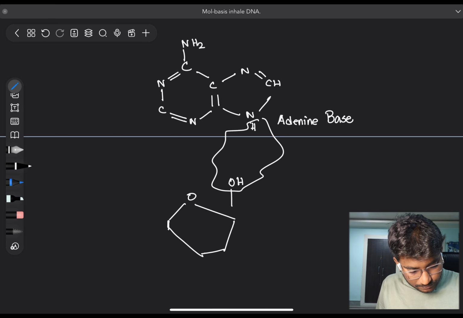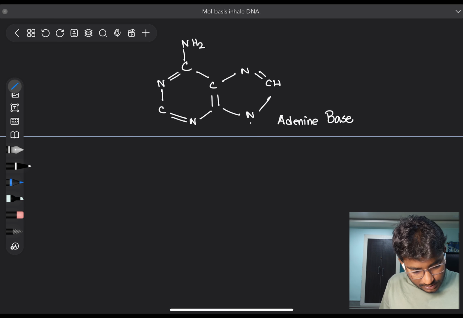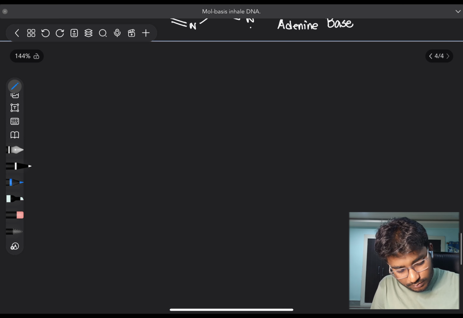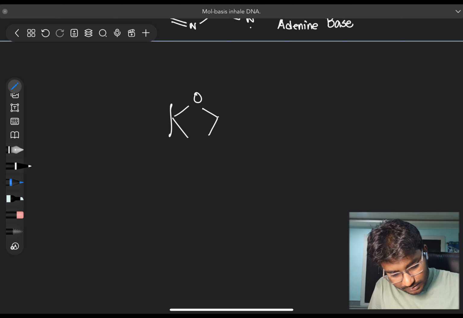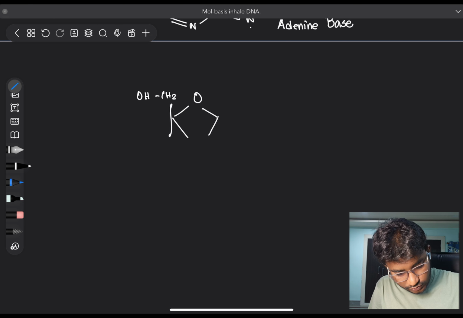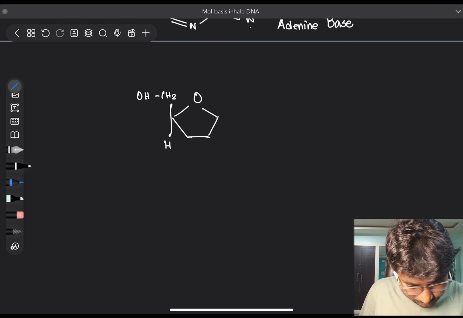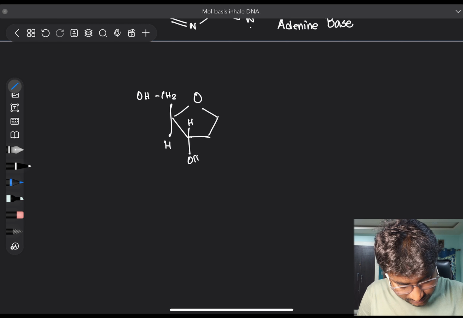Here, let me draw the ribose sugar. This is OH CH2. OH CH2 binds with hydrogen, and here it binds with hydrogen, and on one side hydrogen, on the other side oxygen.